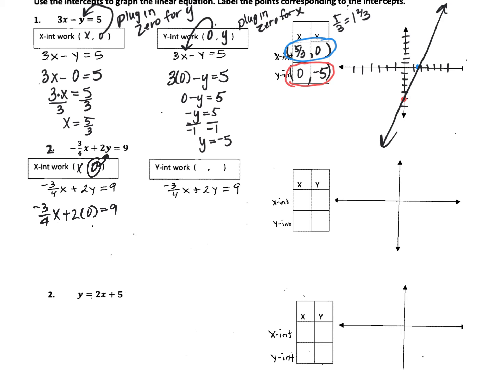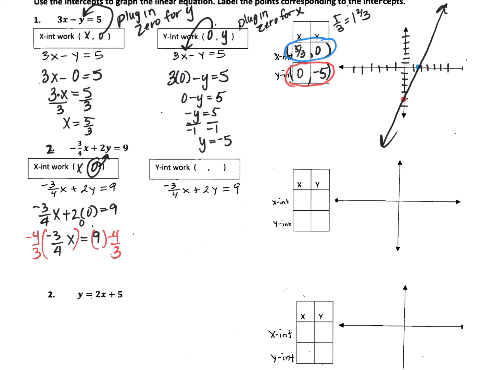I should always have x left in my equation when I'm solving for the x-intercept. So -3/4 x equals 9 because 2 times 0 is 0. And remember, when we have a coefficient that is a fraction, we multiply by the reciprocal. So we're going to multiply by -4/3.